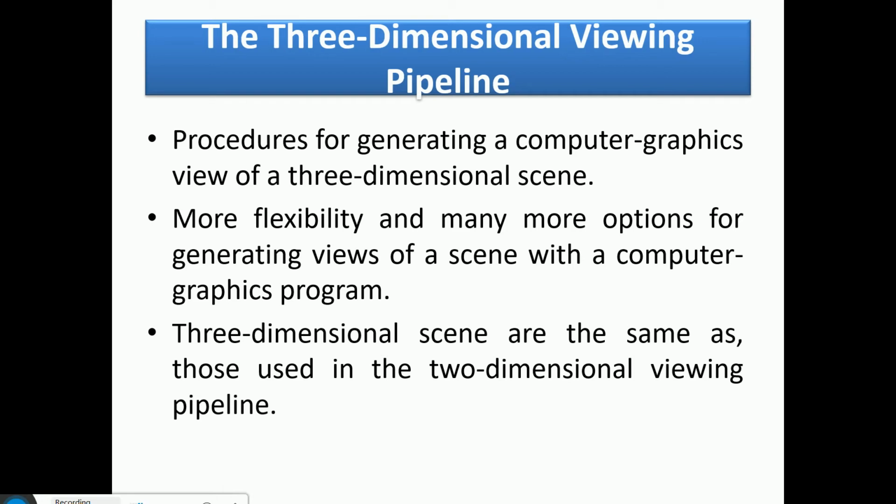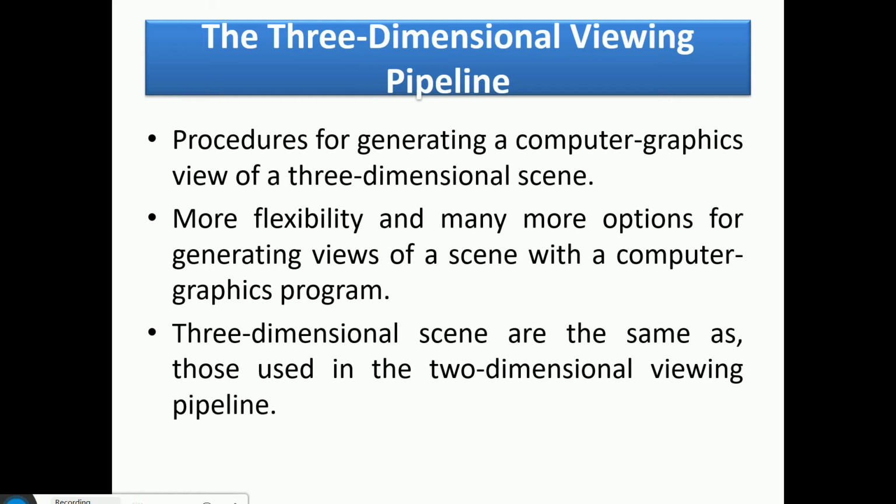Here the three-dimensional scene can be similarly used in a two-dimensional viewing pipeline. As you know, a two-dimensional viewport is used to position a projected view of a three-dimensional scene on the output device, and a two-dimensional clipping window is used to select the view that is to be mapped to the viewport.